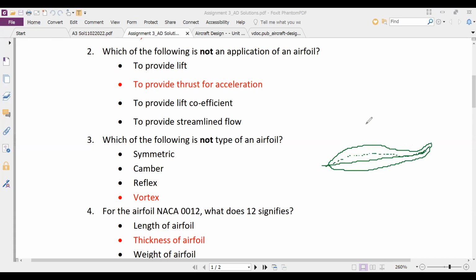So this is the nature of a reflexed airfoil. Okay. Yes, sir. Now, can I clear this thing? Yes, sir. I can clean this.